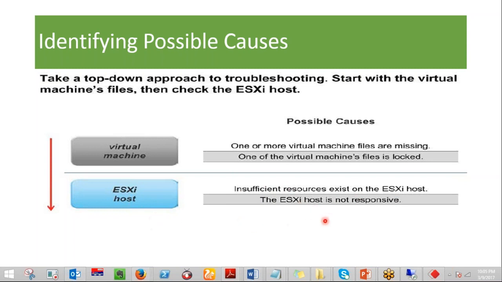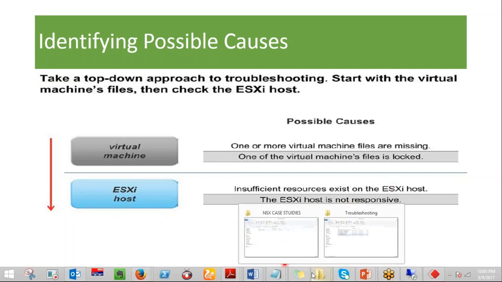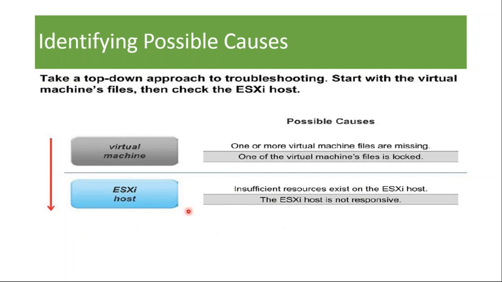The second reason is that the ESXi host is not responsive. If you go to the inventory tab, you can find out your ESXi host is in a not responding state. During that time also you can't power on a virtual machine. So these are the causes for not being able to start the virtual machine. Any questions on this slide?